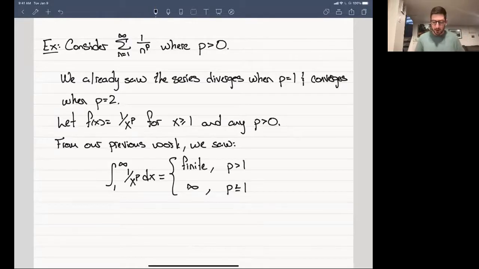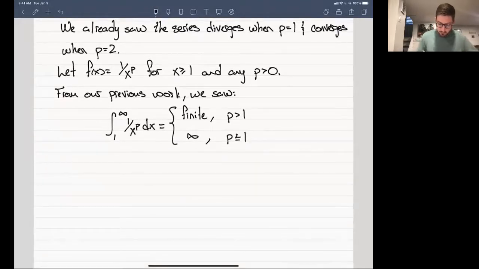So you might have to go back in the videos or in your notes to find this. We did this with improper integrals part 1, but we proved this, right? We went through all of the possible cases, and we saw that this integral converges, it gives a finite number as long as p is larger than 1. But if p is less than or equal to 1, this integral is infinite.